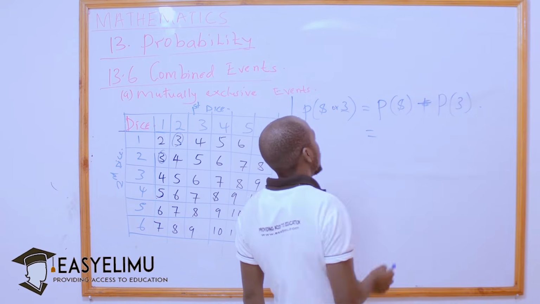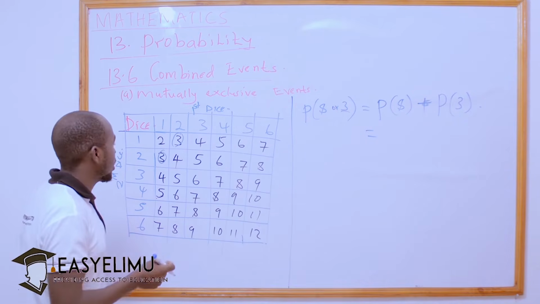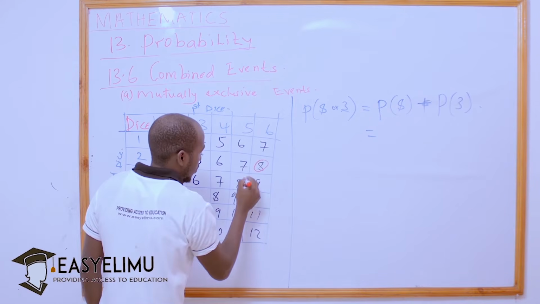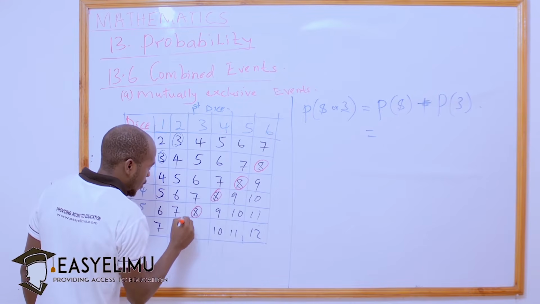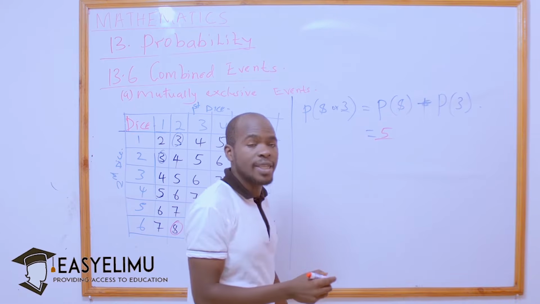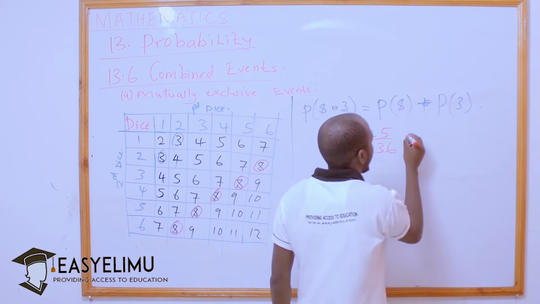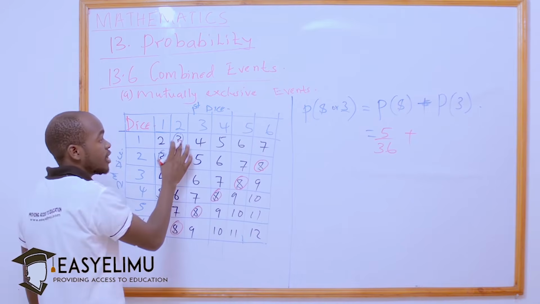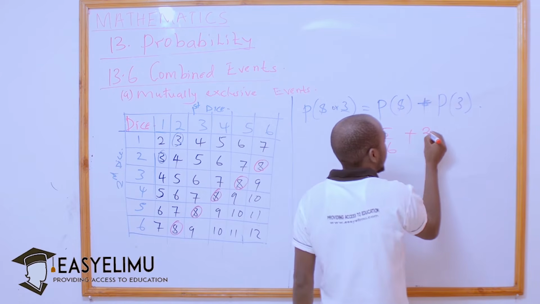In that case, for 8 we shall have 1, 2, 3, 4, 5. So there are 5, and we have a total sample space of 36. Then we add that of 3, which we found is 2, so it will be 2 over 36.